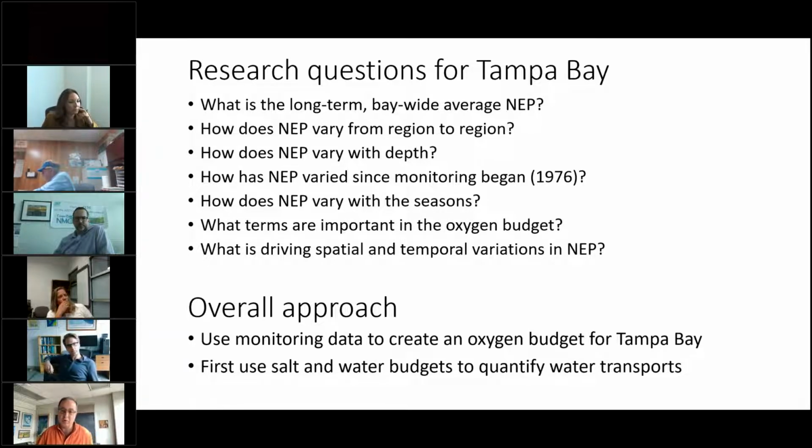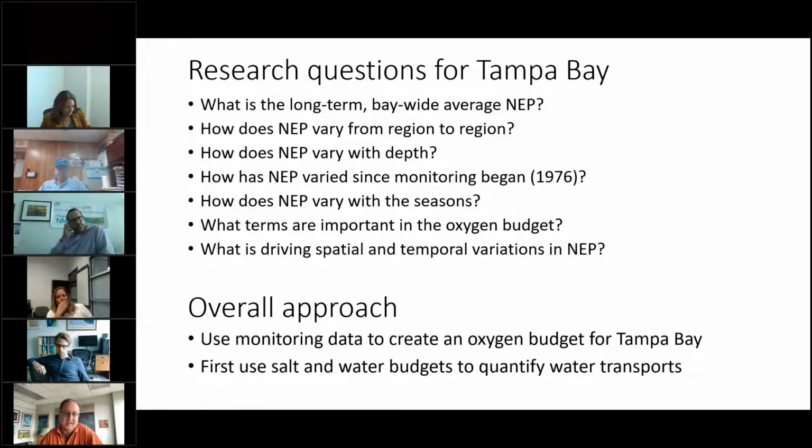So our overall approach is to use this great monitoring data set to create an oxygen budget for Tampa Bay. And from that oxygen budget, we can back out what the NEP is. But first, we have to know what the water transports are, because we think that currents and mixing that are carrying oxygen around can be important.